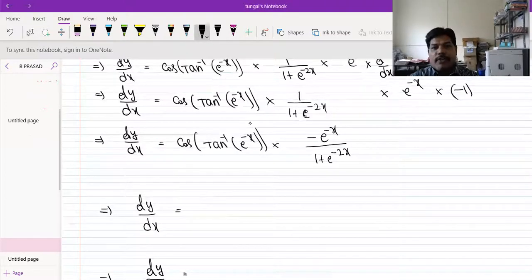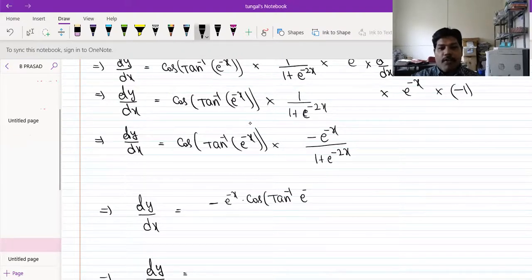If you take the e power minus 2x common, you will get the previous one. If you are not taking e power minus 2x common, it remains the same. So automatically the answer will become minus e power minus x into cos of tan inverse of e power minus x by 1 plus e power minus 2x.